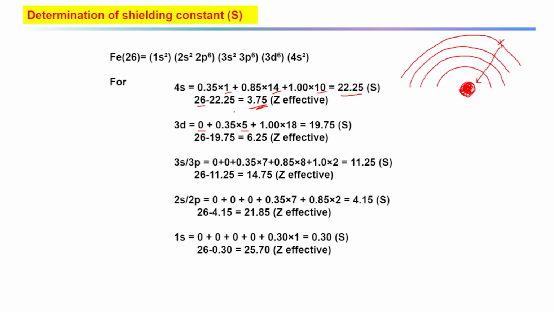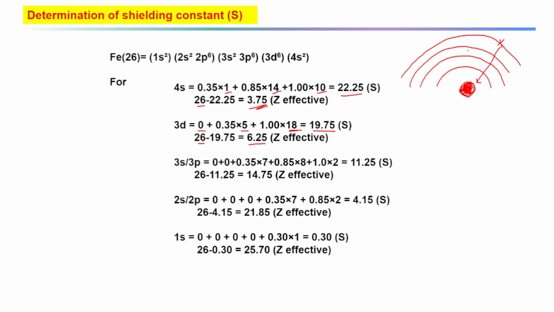From this 3d6 we get 0.35 into 5, and all other electrons, with different principal quantum number or the same principal quantum number and different azimuthal quantum number, contribute shielding constant 1. So all 18 electrons before this 3d give shielding constant 1. The total shielding constant comes out to be 19.75. If we subtract this S from the Z value, we get 6.25. So the Z effective is 6.25.